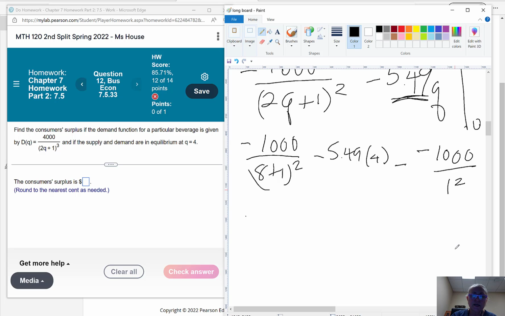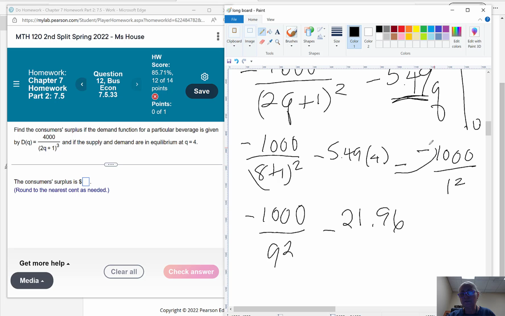So that's negative 1,000 over 9 squared minus, the calculator out, 5.49 times 4, 21.96, and then this makes a plus, so be careful, that's plus 1,000.